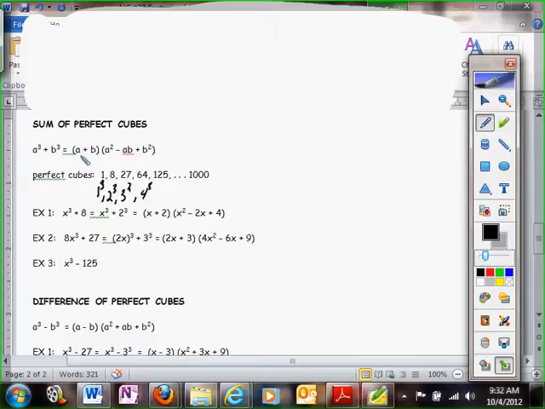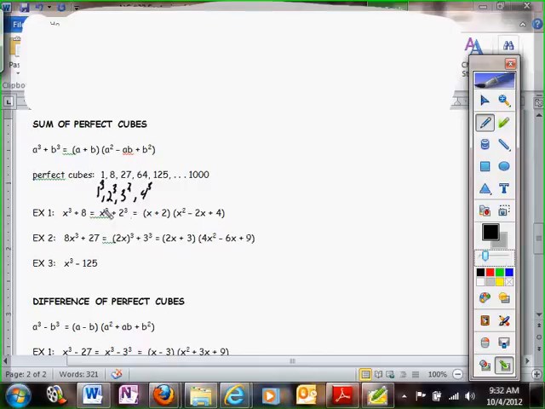It's the first term plus the second term. Then it's the first term squared minus the first term times the second term plus the last term squared. So the important thing here is to be able to rewrite the problem using perfect cubes.